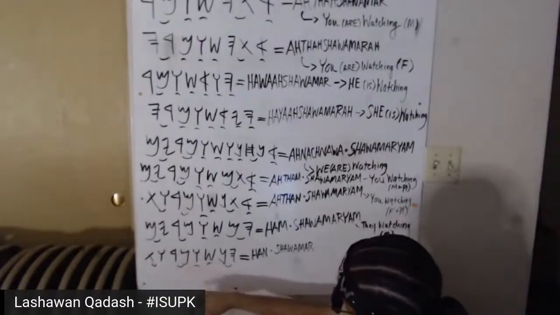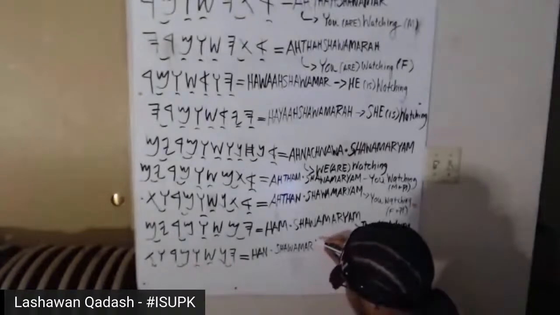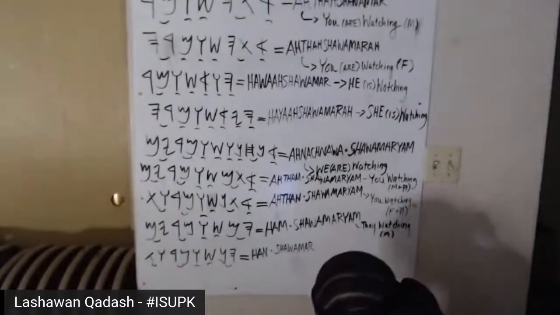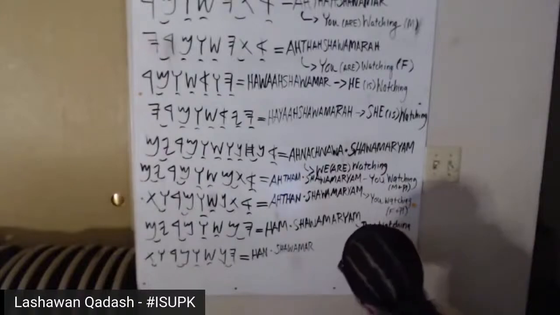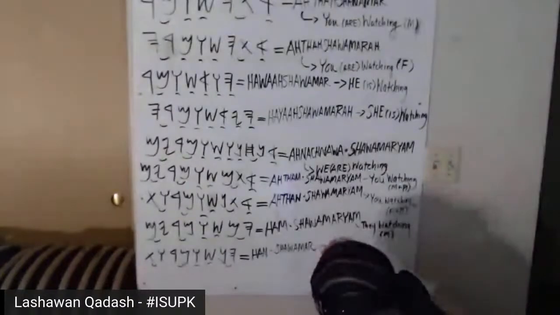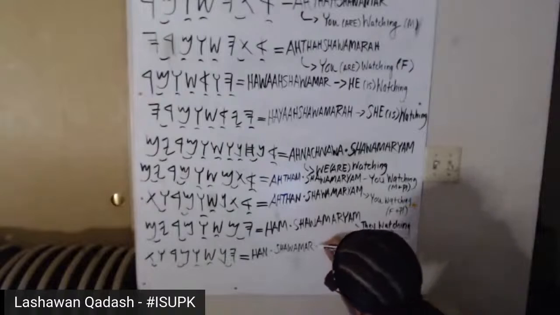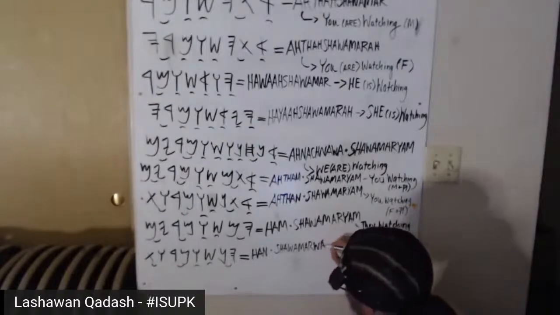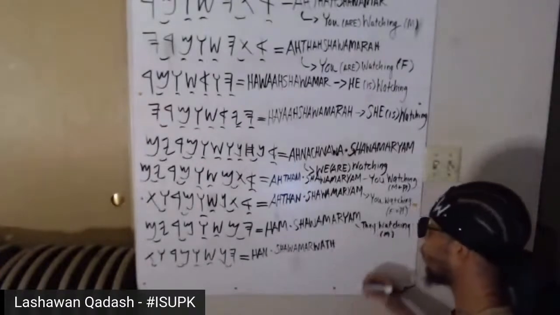Or the end of the letter, I should say, of the word, same thing. Then you have this right here, which is going to be different. And I'm going to explain this next week, okay? So you have the wa, and then you have the which is feminine, all right?